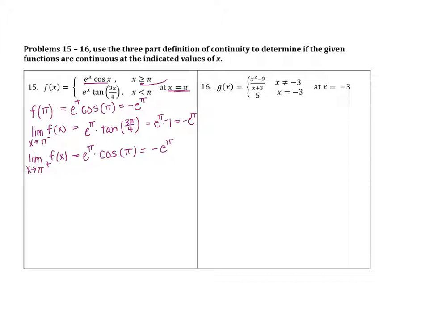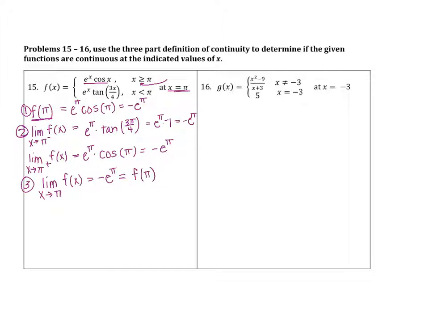So our third step, again we had 1, here's our second step, it's our limit. The third step is to show that the actual function's value is equal to the limit value. And so here, our third step, we're going to say that the limit as x approaches pi of our function f at x is equal to negative e raised to the pi, which is equal to our f at pi.